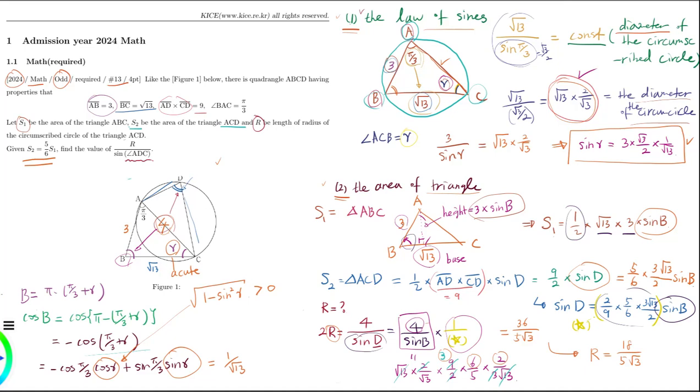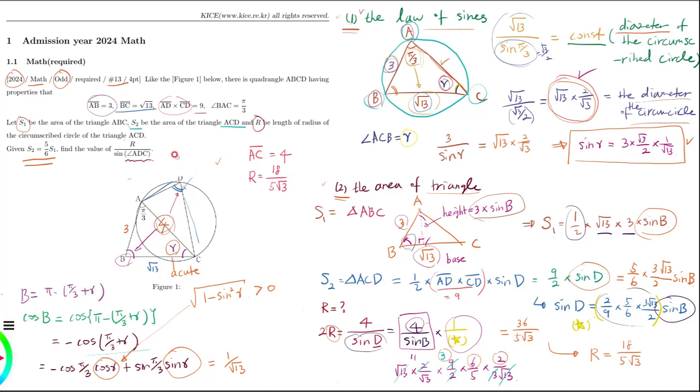Okay, so let me give you a last counter punch here. We do know the length of side AC and the radius of the circle, 18 over 5 times square root of 3.